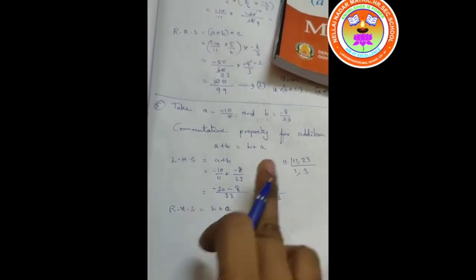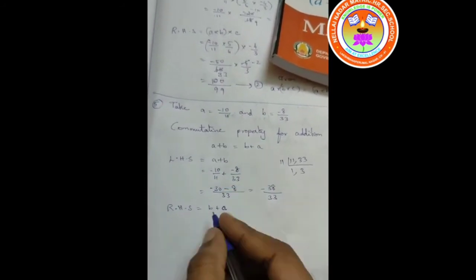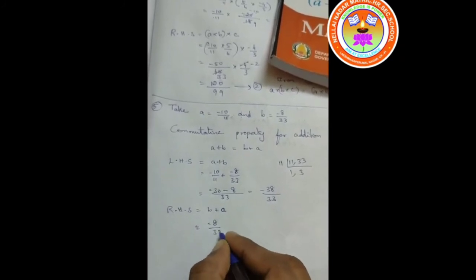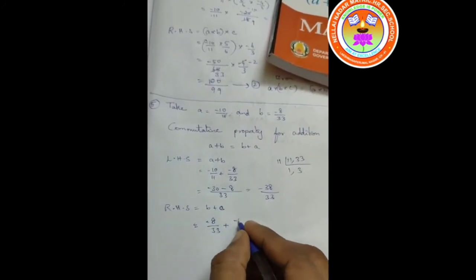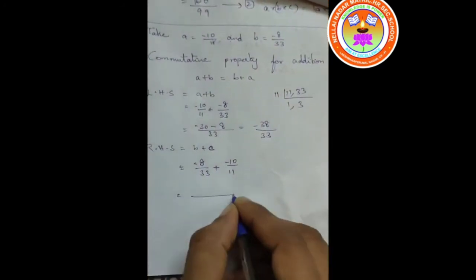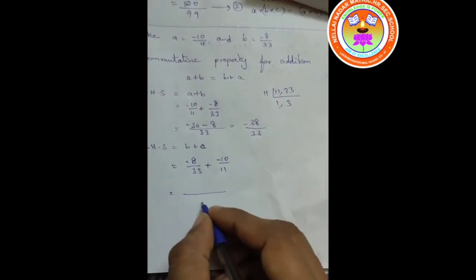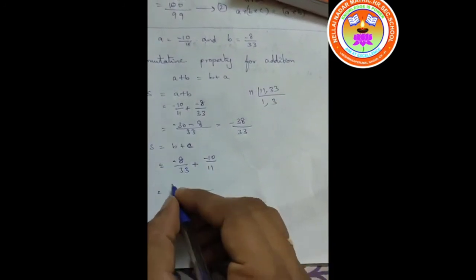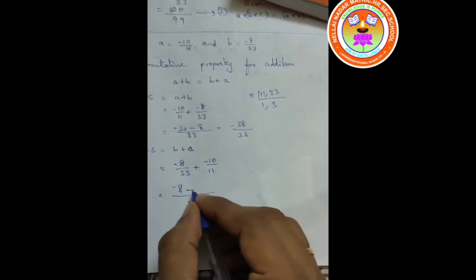Now we will take the right hand side, which is nothing but B plus A. B is nothing but minus 8 by 33 plus minus 10 by 11. Take the LCM. Again the LCM is 33 only because we already found it. So now this minus 8 will come as it is, plus into minus is minus.